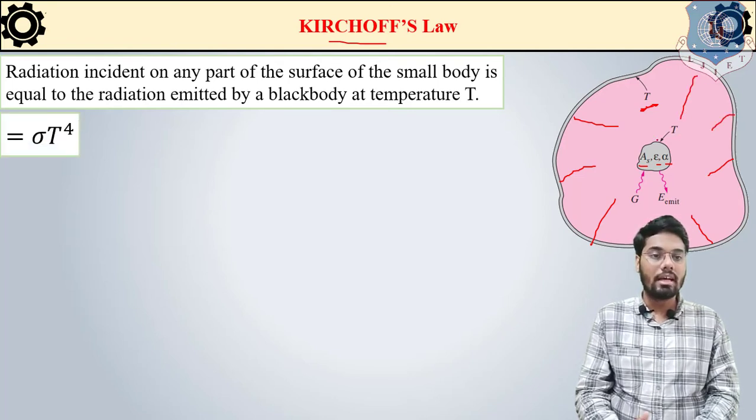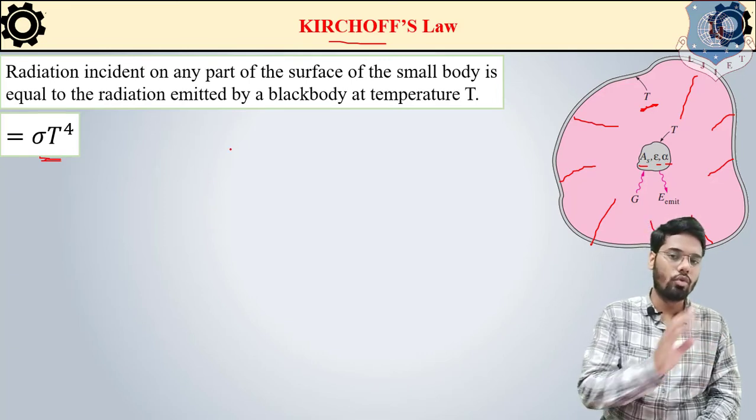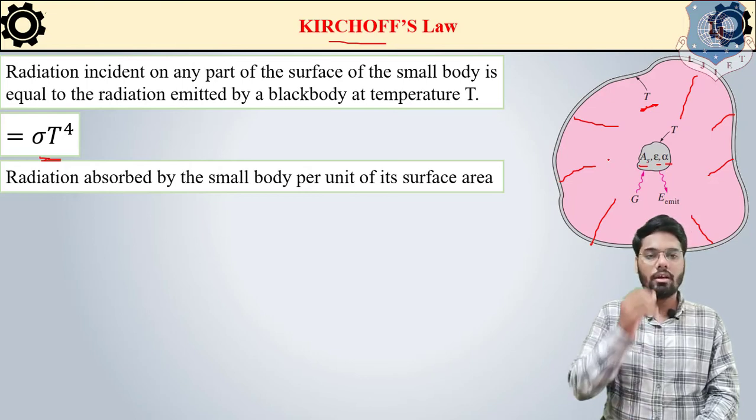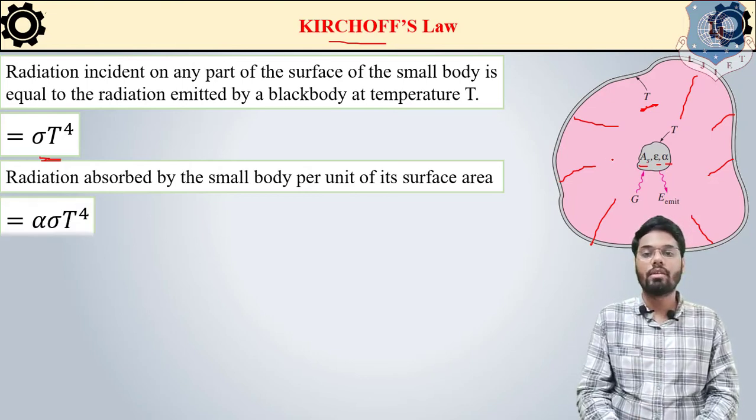That amount is going to be sigma into T raised to 4. From the Stefan-Boltzmann law, we know that the emissive power of a black body can be calculated by sigma into T raised to 4. All this radiation will be absorbed by this small body per unit of its surface area.